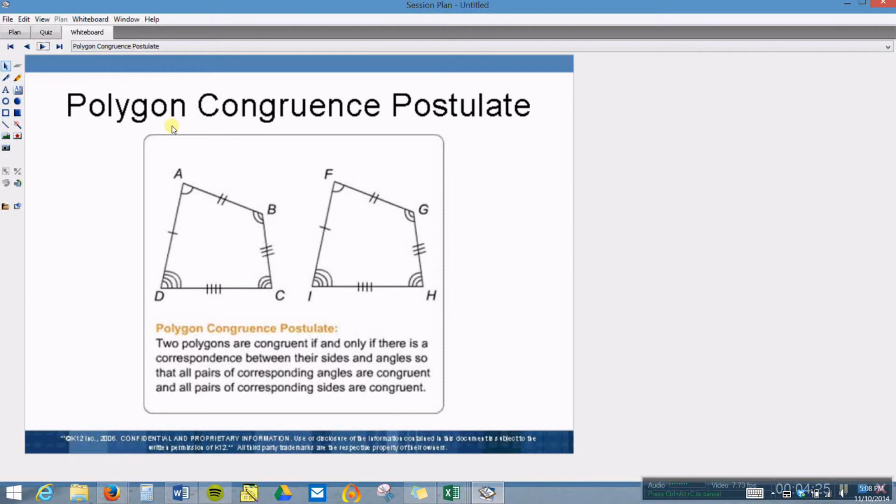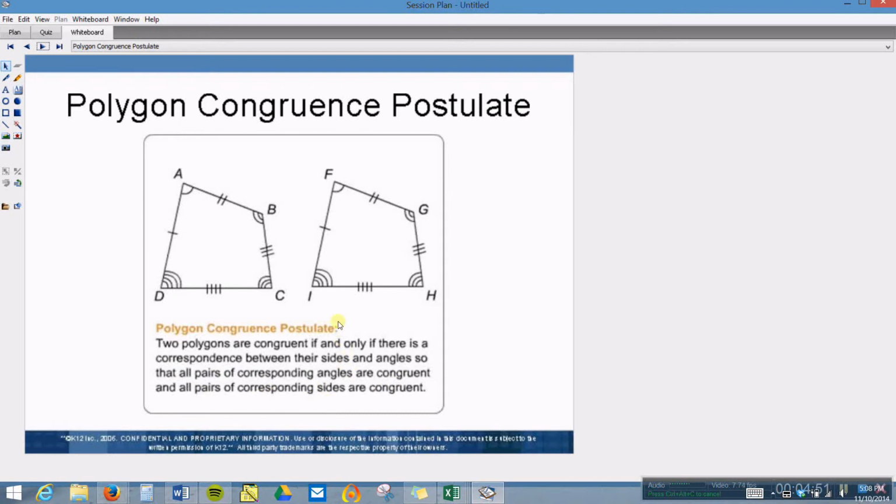Alright, so the polygon congruence postulate. This is what tells us why we get to make the different assumptions we can make. Two polygons are congruent if and only if there is a correspondence between their sides and angles, so that all pairs of corresponding angles are congruent and all pairs of corresponding sides are congruent.